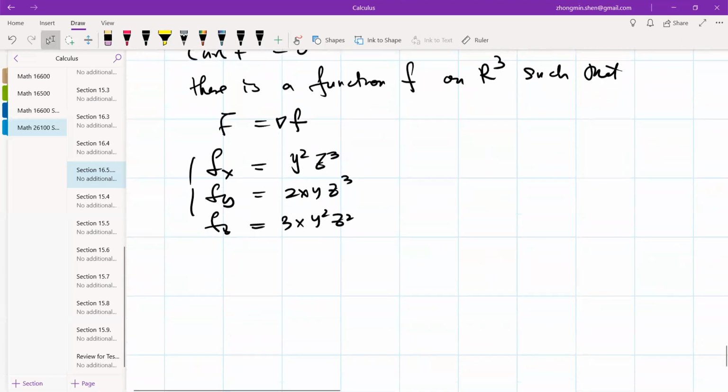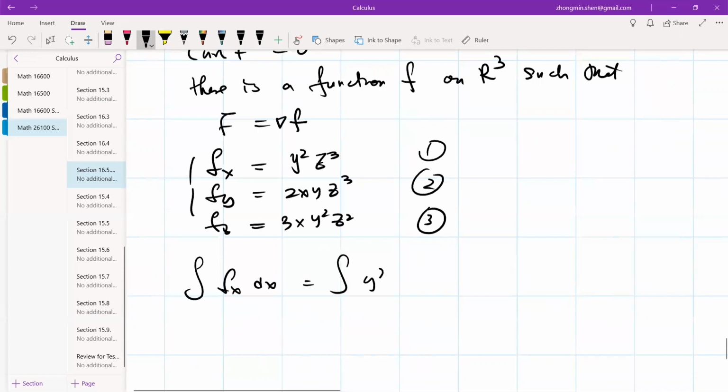All right, so integrate the first equation with respect to x.